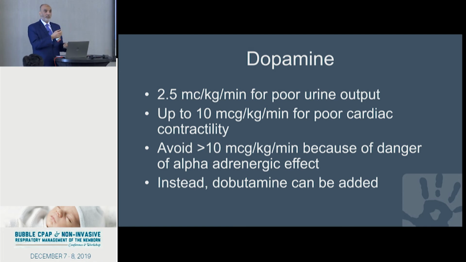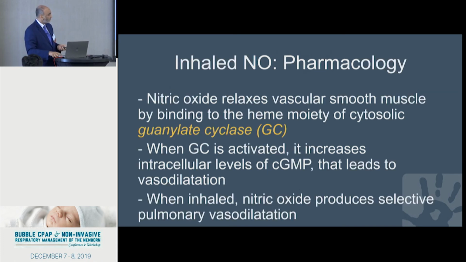So many times, with a hypotensive patient, you start to escalate dopamine beyond 10 to 15 and 20, but once you hit above 10, you are actually causing pulmonary hypertension, and then you lose the effect. So we tend to use dopamine up to 10 only. Then if you still see hypotension, you can add something else like dobutamine, or you can switch to epinephrine.